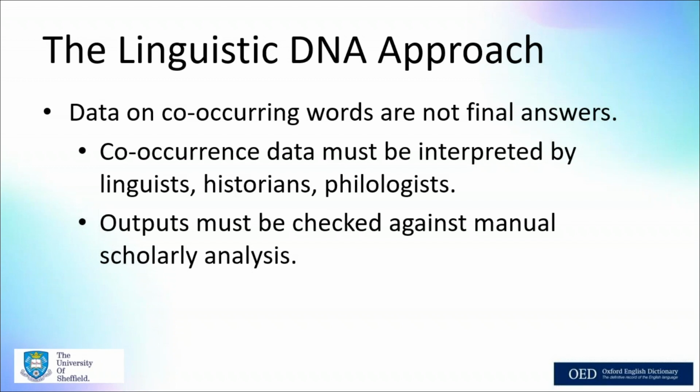They're not very good at understanding meaning. So co-occurrence data needs to be interpreted in terms of semantics and pragmatics, sociolinguistics, meaning and context by linguists, historians, and philologists, among others. And the outputs from our computational analysis of lexical co-occurrence have to be checked against our close manual reading of texts as linguists.